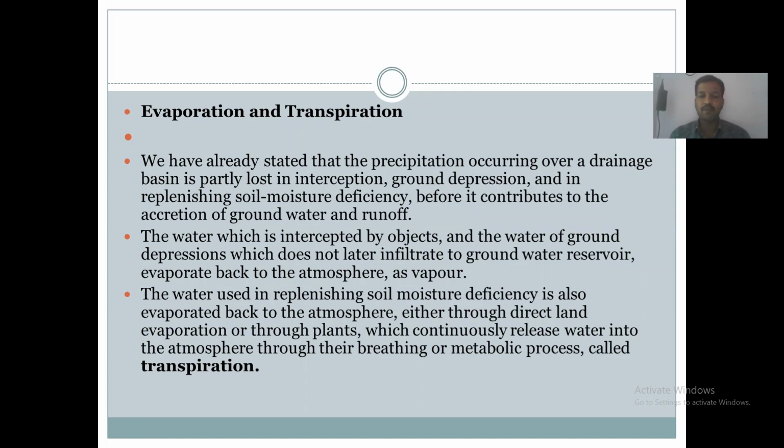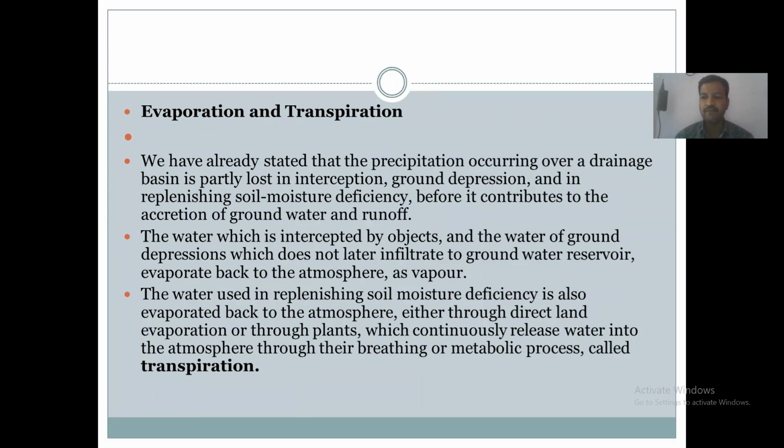This escape of water back to the atmosphere, that evaporation, may take place either through direct land evaporation or through plants. That evaporation may occur from the plants or from the land surface. The water will escape into the atmosphere from the plants through their breathing or metabolic process.